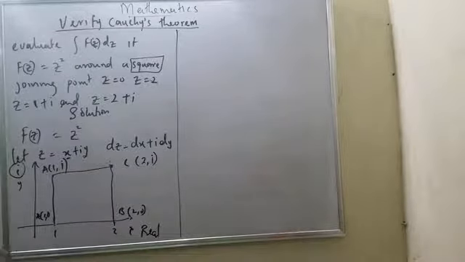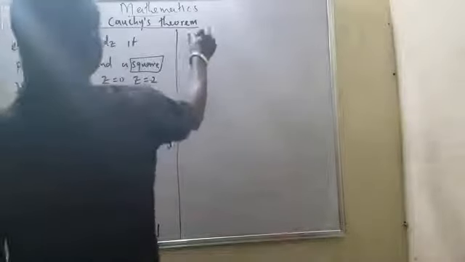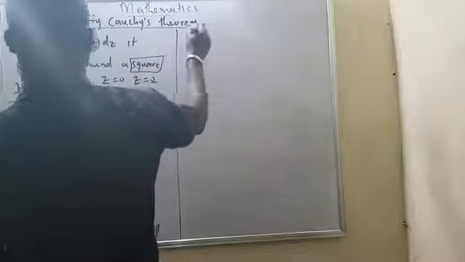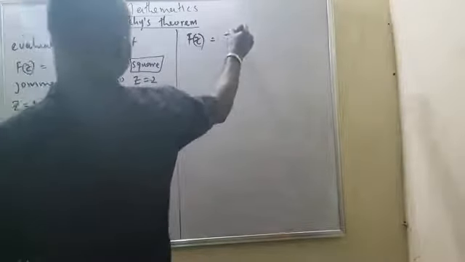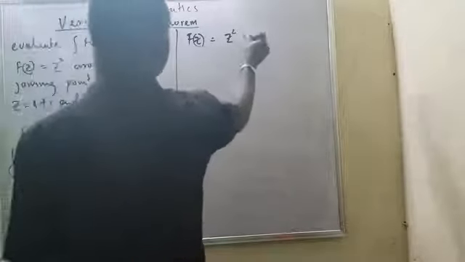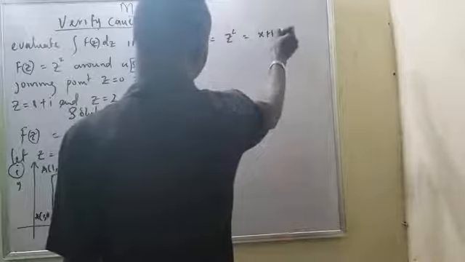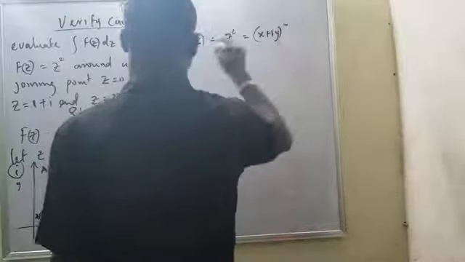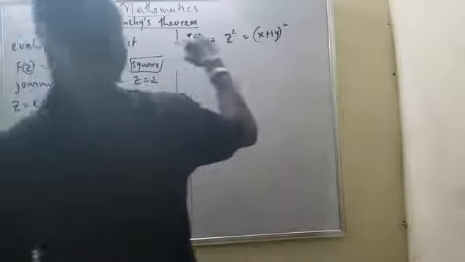I will now continue by having f of z equals z squared. Now it means I'll be having x plus iy all squared. That is what I'll be having.